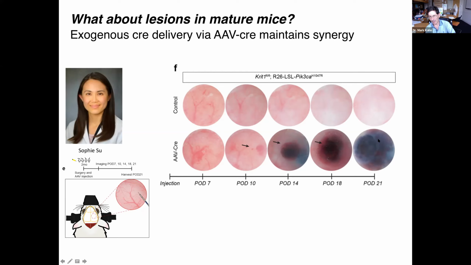And by 21 days, you can even appreciate the very classic mulberry-like appearance that the clinicians and the surgeons have often described these lesions having when they are approached neurosurgically. So indeed, when we combine these together, what we find is that adult animals that would not get lesions with CCM1 loss alone do get lesions when there's a combination of CCM1 loss and PI3 kinase gain.